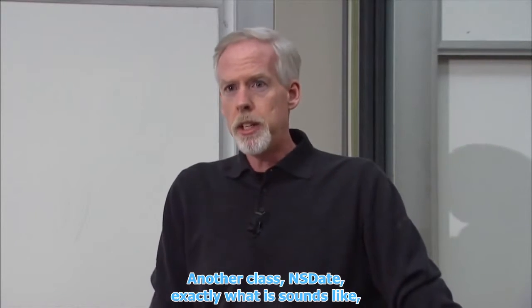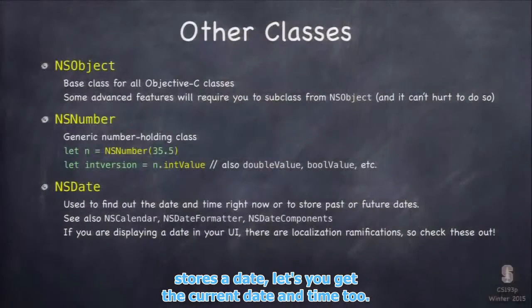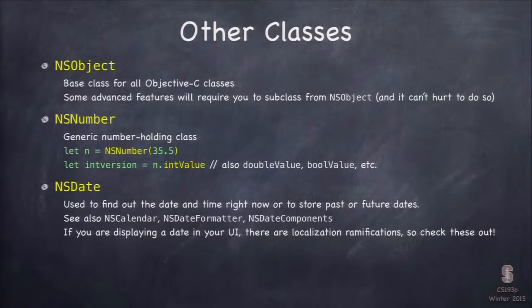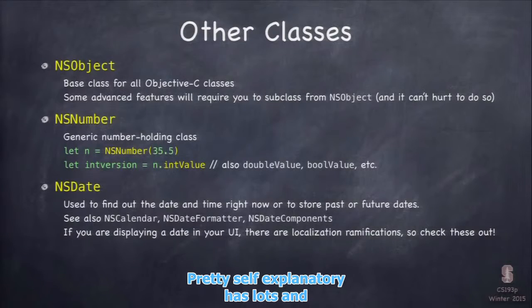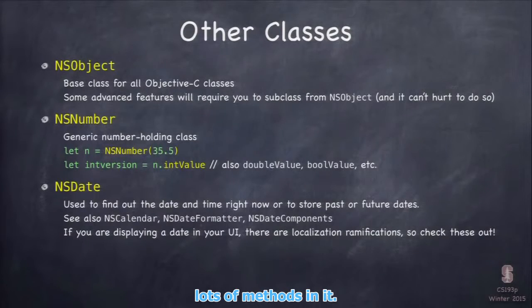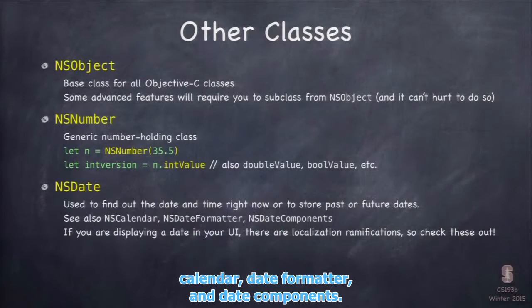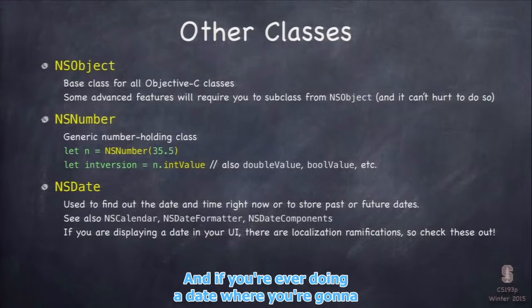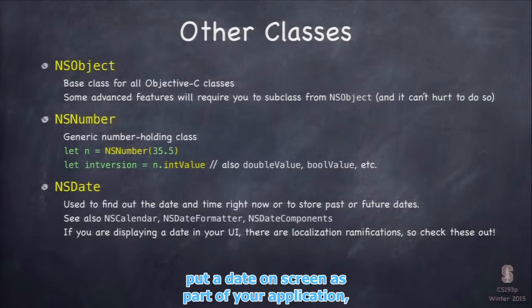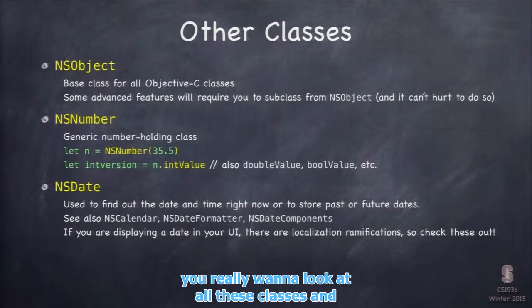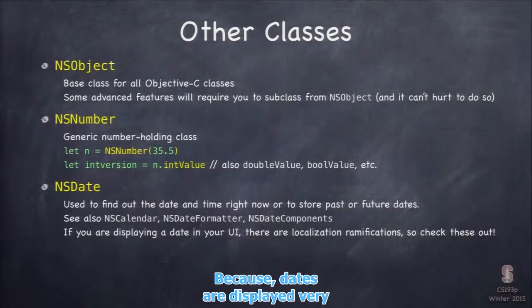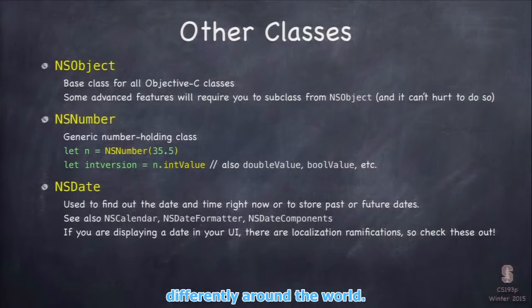Now the class NSDate, exactly what it sounds like, stores a date, lets you get the current date and time too. Pretty self-explanatory, has lots and lots of methods in it. And it has even more methods because there's those three other classes mentioned here: Calendar, DateFormatter, and DateComponents. If you're ever doing a date where you're going to put a date on screen as part of your application, you really want to look at all these classes and read the documentation that talks about dates, because dates are displayed very differently around the world.